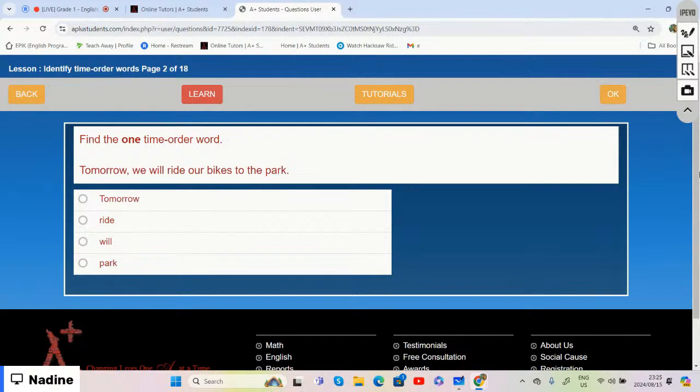We need to choose the correct time order word. If we were to choose the correct one, we will say tomorrow. All right, tomorrow is correct. Well done.